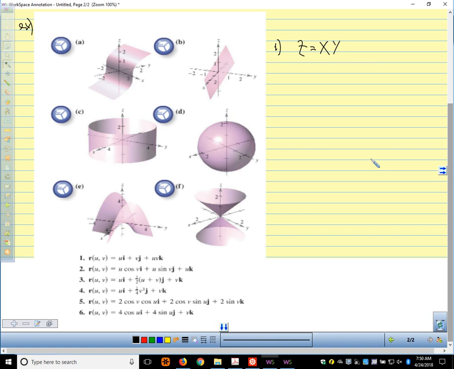It's B. Either A or B. No, it's definitely B. It has to be zero anywhere either of the two variables are zero. So it's zero on the x-axis, zero on the y-axis. Let y be a constant.